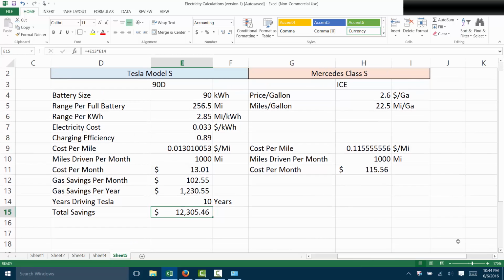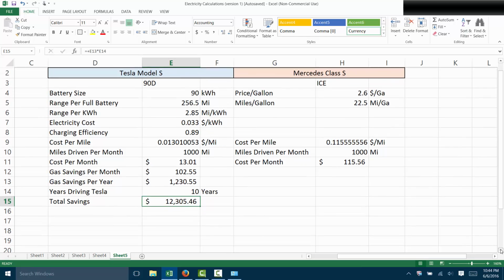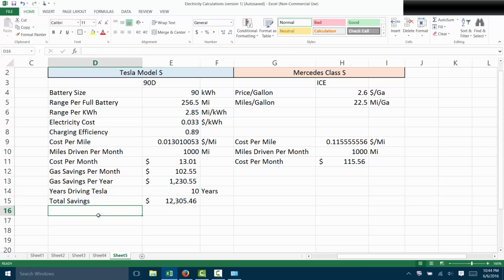The next thing we can do, I'm going to zoom out just one little bit. The next calculation is, what is the cost of the Tesla?